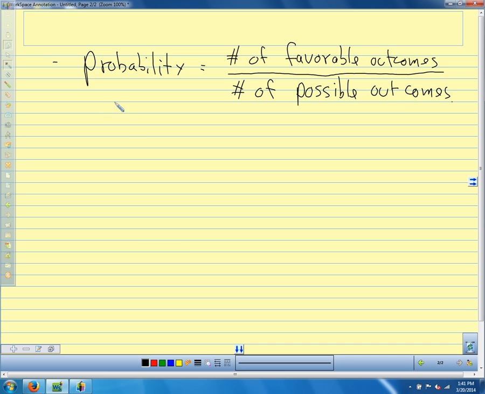Our probability is always going to be a number between 0 and 1. And if we write it as a percent, it would be between 0 and 100%. Probability of 0. If we get a probability of 0, what does that tell us? Not possible. It's impossible.